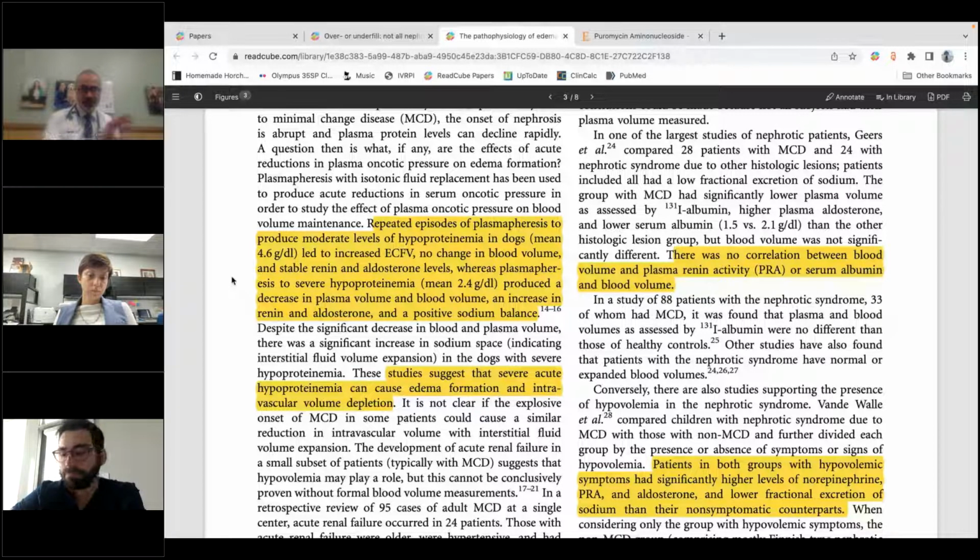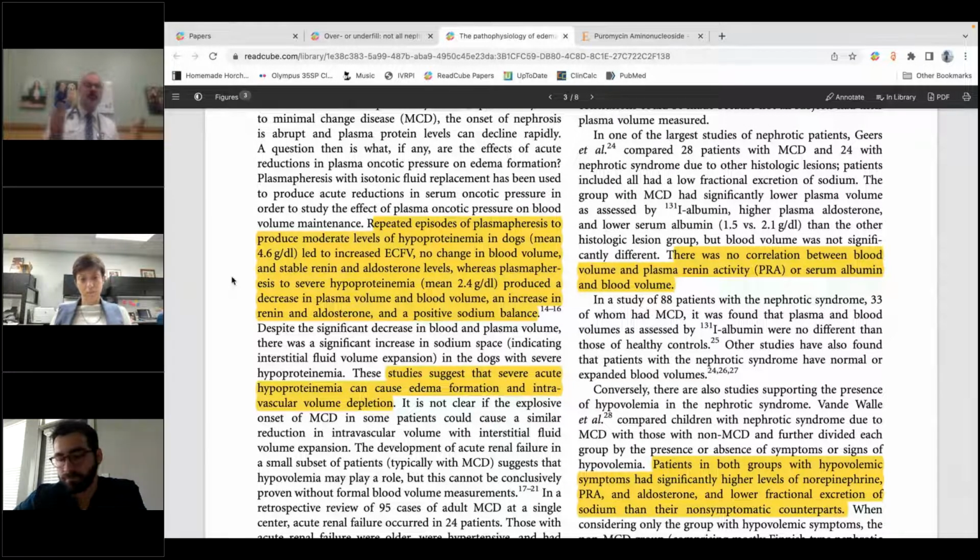So the studies they're citing here: moderate hypoproteinemia, a total protein of about 4.5, does increase the extracellular fluid volume, but no change in blood volume, and there were no changes in the RAS. Continuing that to produce more severe hypoproteinemia, a total protein of about 2.5 now, does decrease the plasma volume and the blood volume and causes an increase in renin and aldo and positive sodium reabsorption, so evidence of more significant activation of that volume balance.